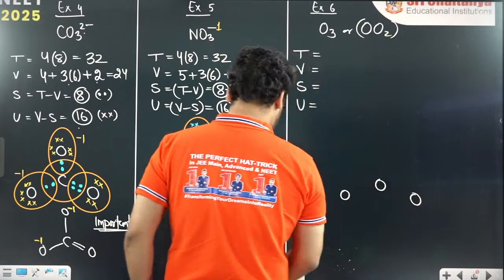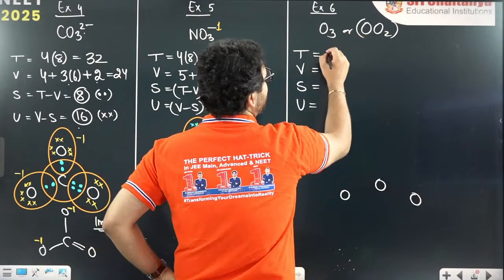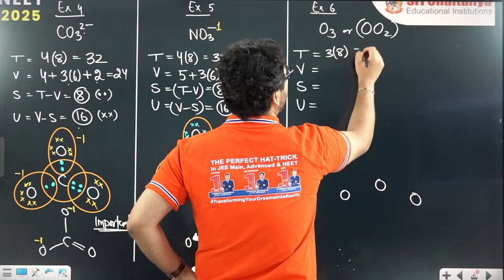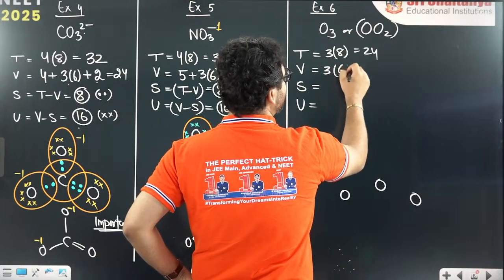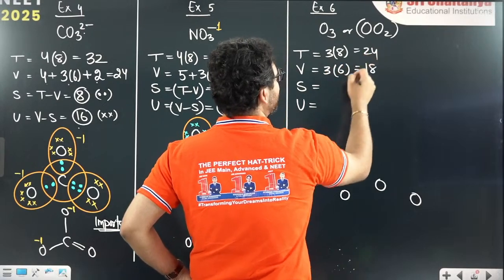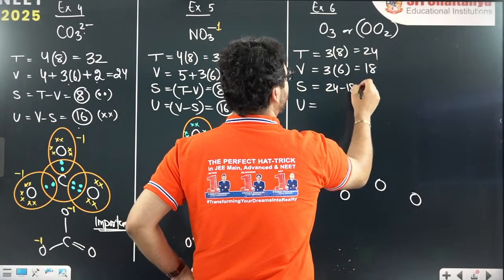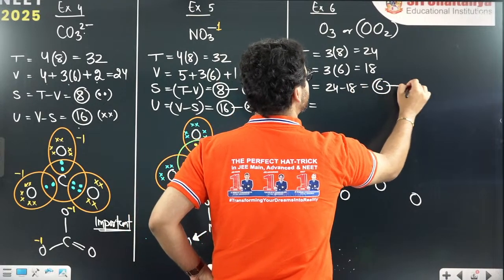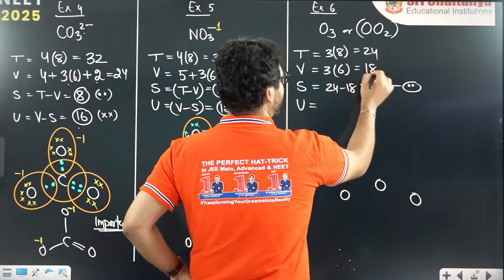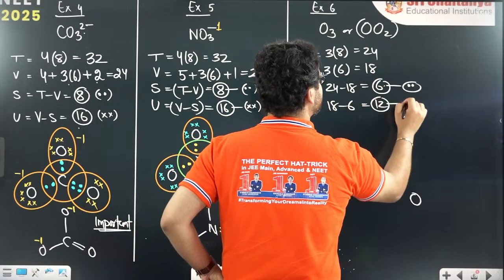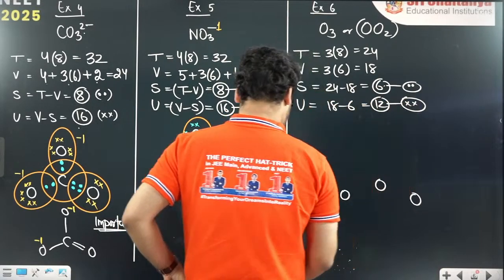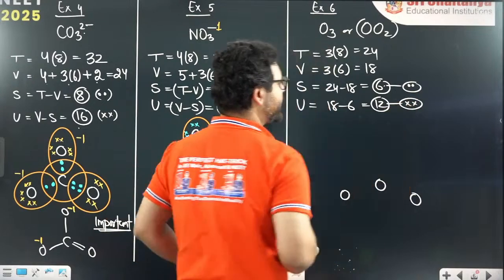Find the TVSU quickly. For all 3 we need 8, 8, 8, 24. Valence, all 3 oxygens have 6 valence electrons, 18. 24 minus 18, 6. 6 dots will come. 18 minus 6, 12. 12 crosses will come. 12 unshared and 6 shared.